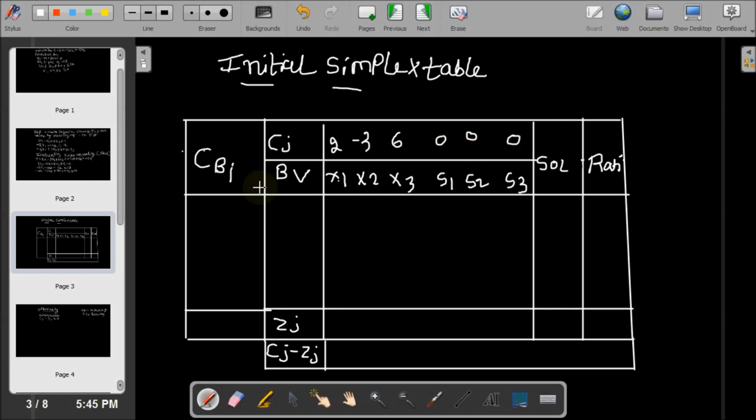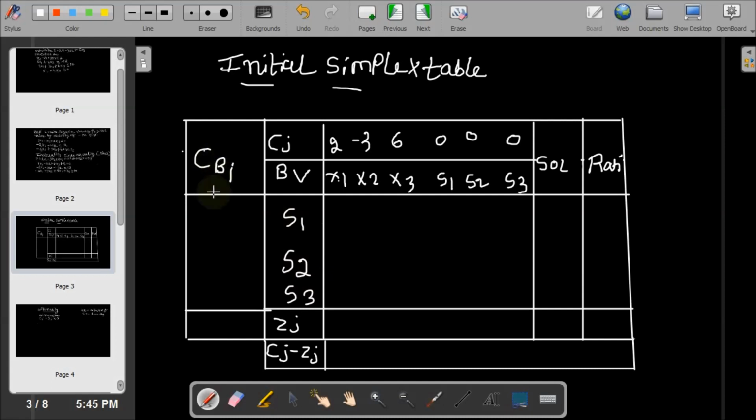Getting, guys? So what do you have to write in this column? Here you have to write the slack variables s1, s2, s3. So slack variables are written here: s1, s2, s3.